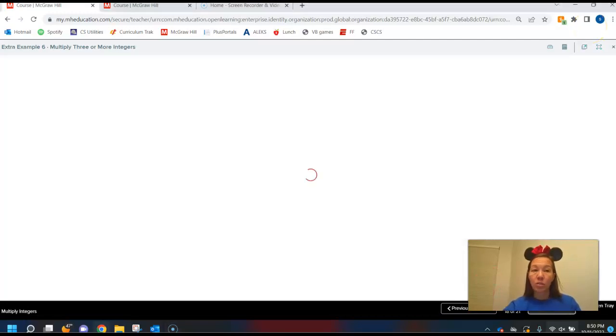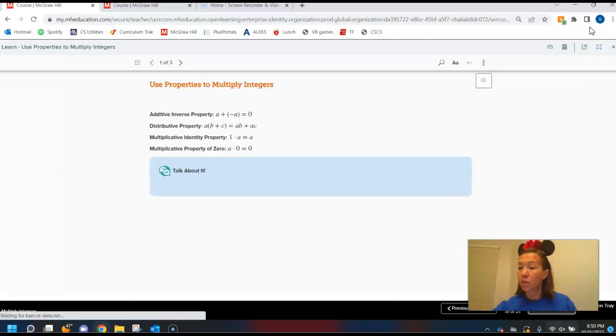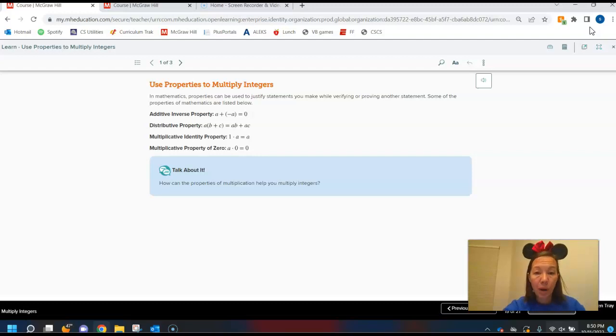Okay, so the last thing for this section is using properties to multiply integers. So there are a few properties that you should be familiar with, and one of them is the additive inverse property. So anything plus its inverse equals 0, we talked about that. The number and its opposite, if you add them, they equal 0.